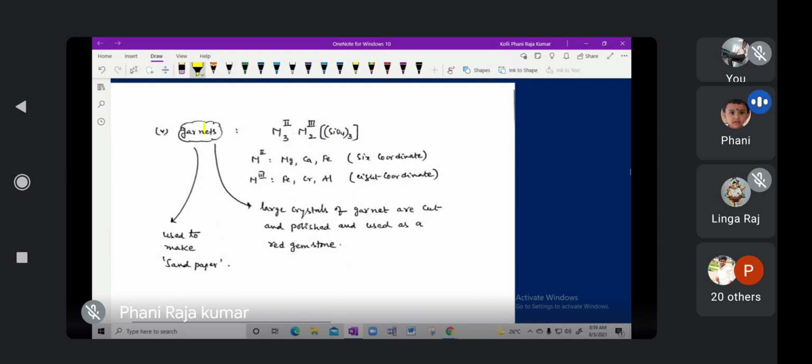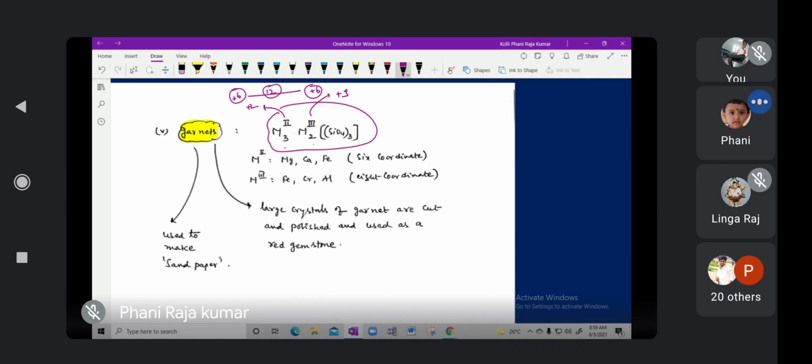Garnets are another type of orthosilicates with this molecular formula, M2+3 M3+2 (SiO4)3. The 2 and 3 indicate oxidation states: a +2 oxidation state metal, a +3 oxidation state metal, and SiO4 taken thrice. With 3 of +2 and 2 of +3, the total positive charge is +6 plus +6, that is 12 units, therefore negative charge 12 units.